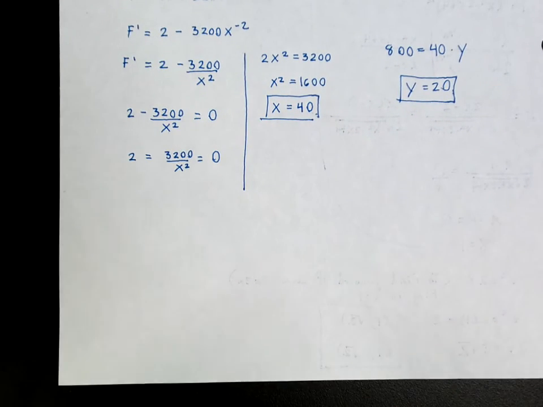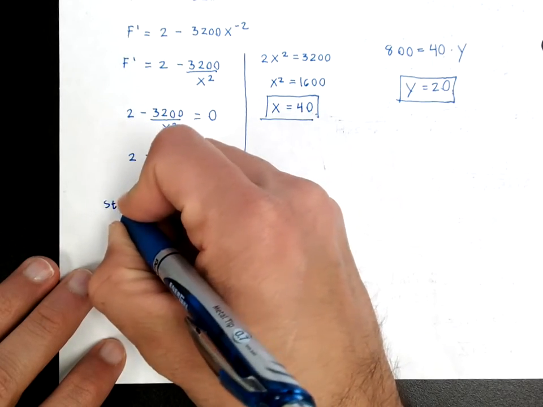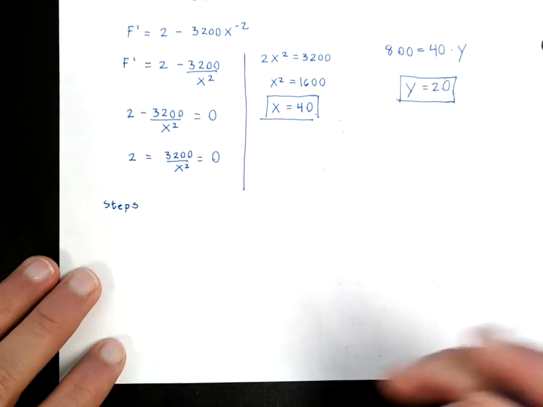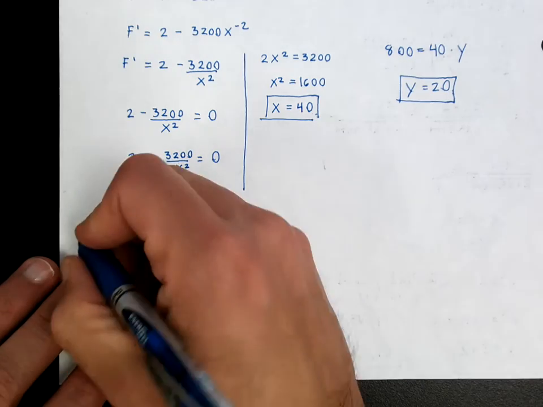Let me just show you the steps of what you're trying to do. Just to condense everything, these are the steps that you're going to need to do in this type of problem. You need to read the entire problem.